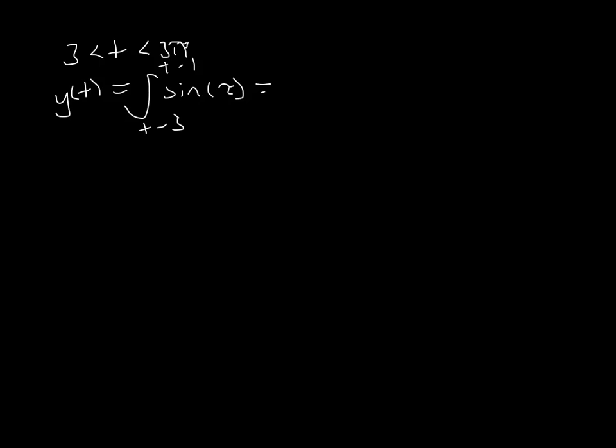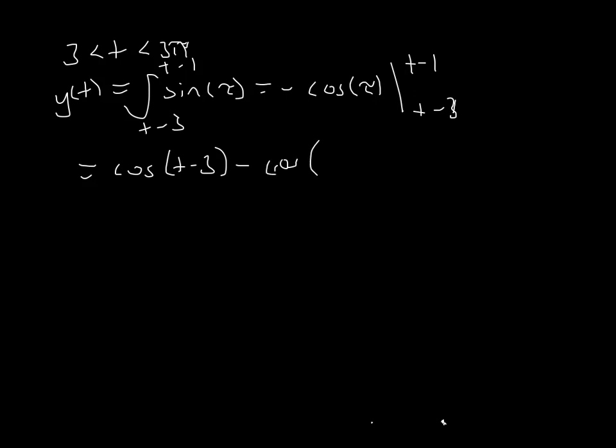And that's going to give us, again, the negative cosine of tau, but going from t minus 3 to t minus 1, which means when we work that out, it's going to be cosine of t minus 3 minus the cosine of t minus 1.